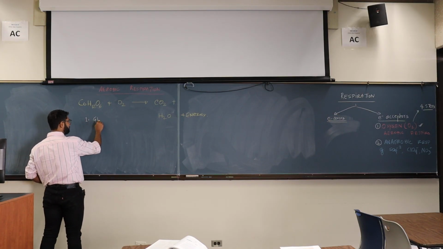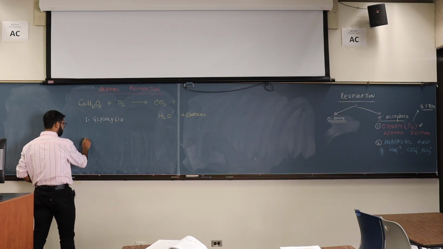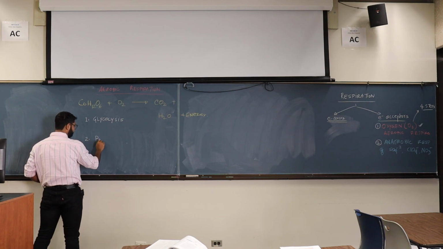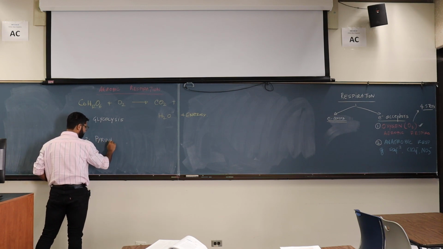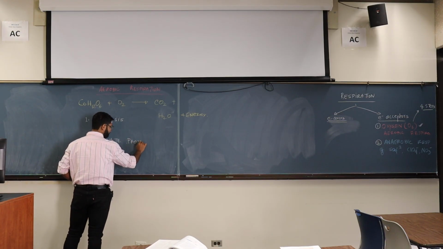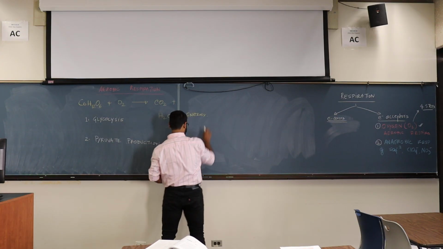First is glycolysis. The second is production of the pyruvate. What is the third?